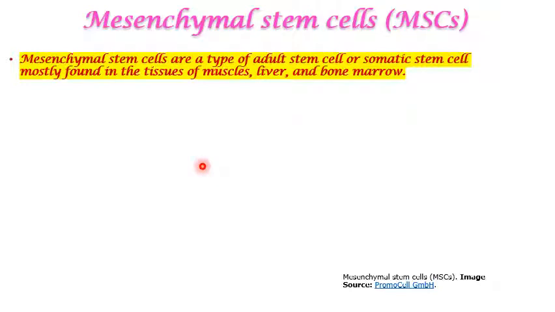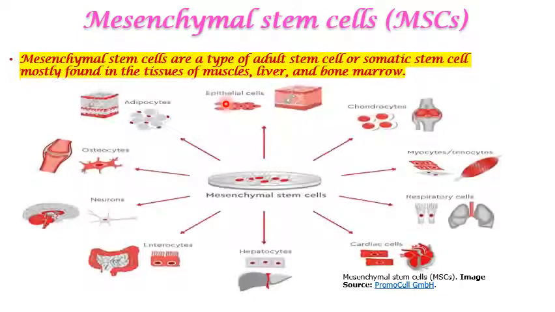And these human mesenchymal stem cells have the capacity to differentiate along the mesodermal line into the following types: epithelial cells, chondrocytes, monocytes, respiratory cells, cardiac cells in heart tissue, hepatocytes in liver, enterocytes in intestine, neurons, osteocytes, adipocytes, and epithelial cells in skin.